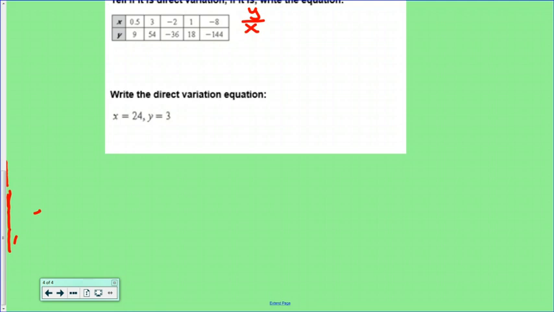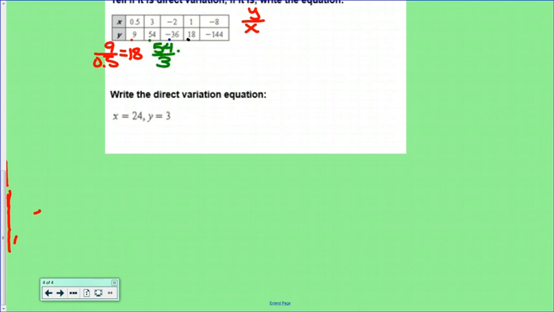This is not how you find slope, but it will tell you whether or not a relationship is proportional. So we're going to divide each one of these and see if they all simplify to the same thing. So let's start with 9 over 0.5. 9 over 0.5 simplifies to 18. So we're looking to see if the rest of the table matches 18.